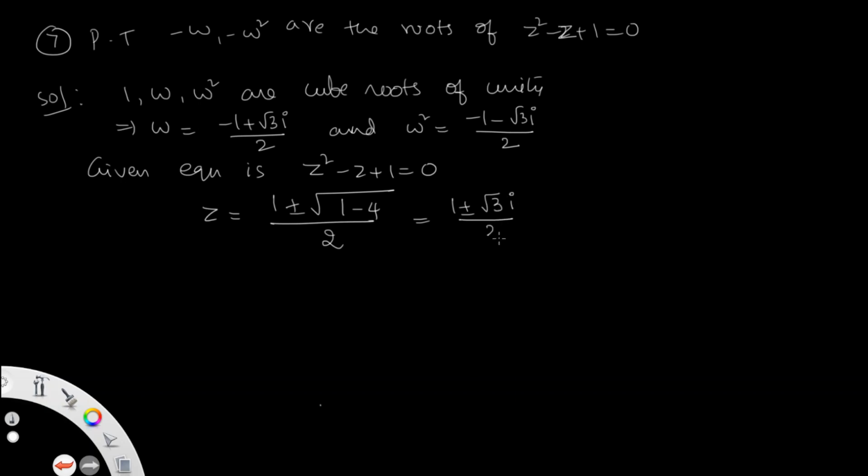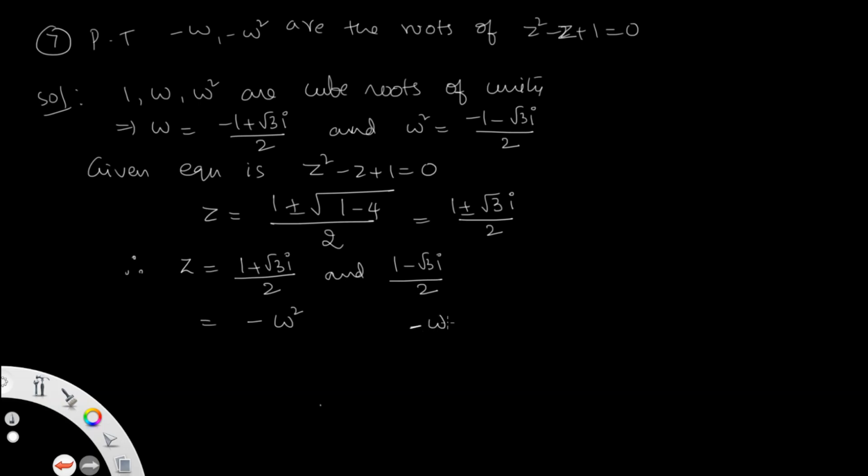So therefore the roots are z equal to 1 plus root 3i by 2 and another root is 1 minus root 3i by 2, which is nothing but minus omega square and minus omega.